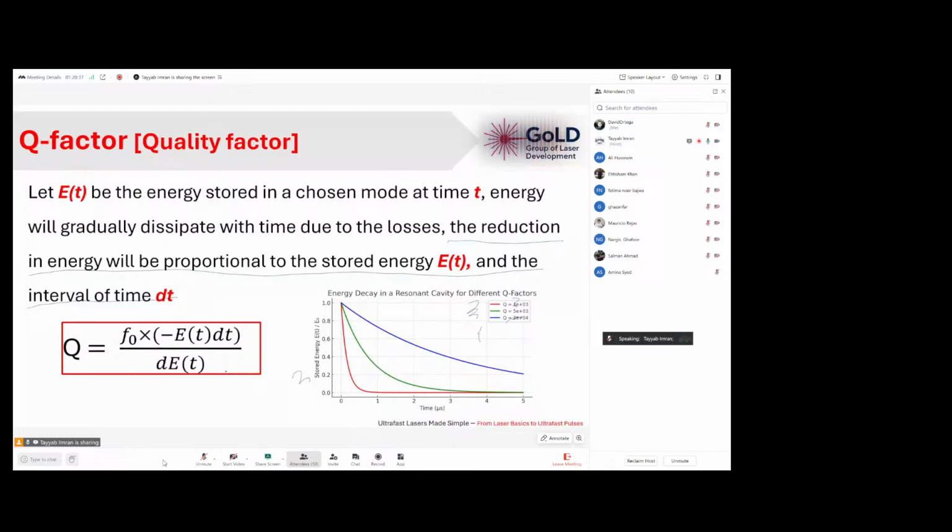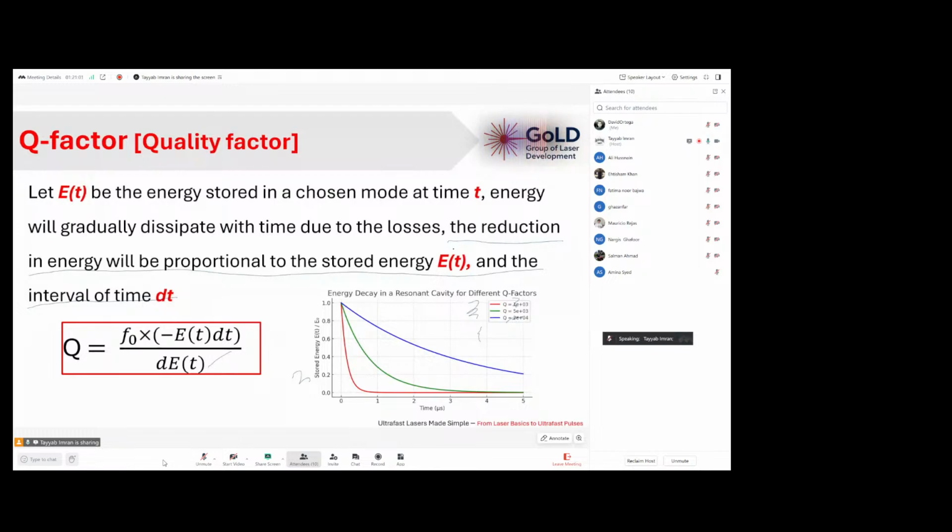So this is a change in energy. How is it proportional?